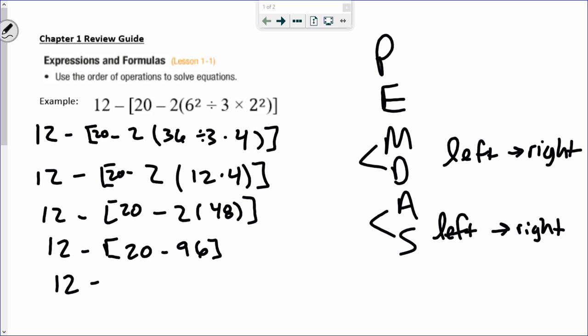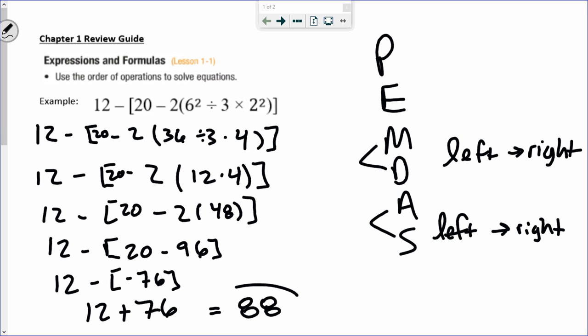Now I'm left with 2 minus, let's simplify the brackets, 20 minus 96, which is -76. So this becomes 12 plus double negatives, plus 76, which gets us to 88. So this all simplified to 88.